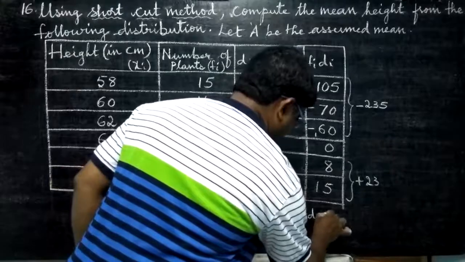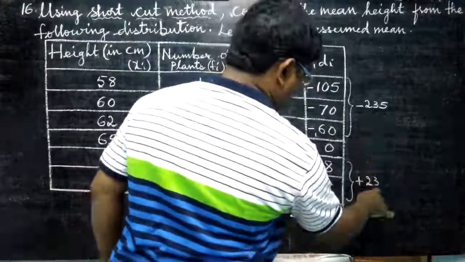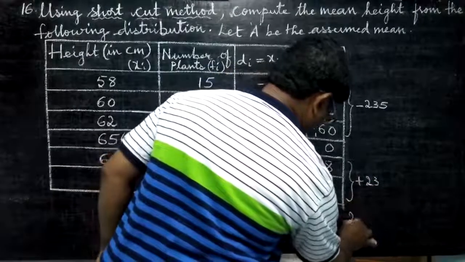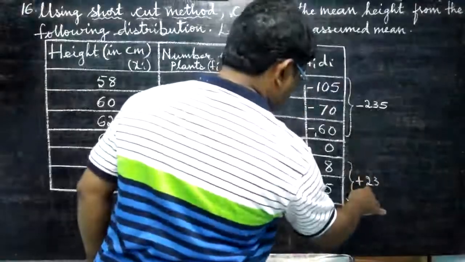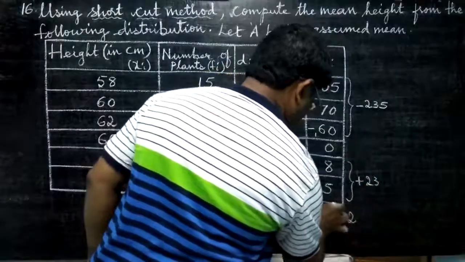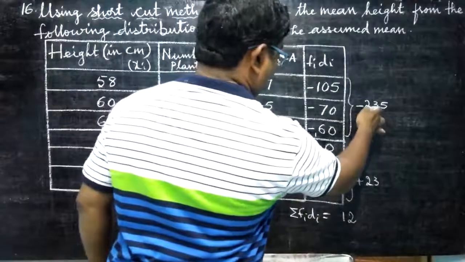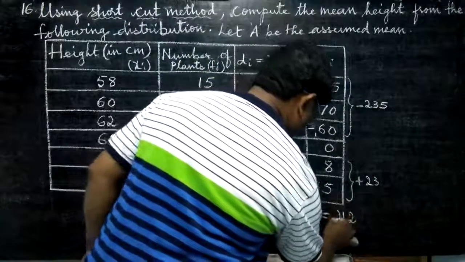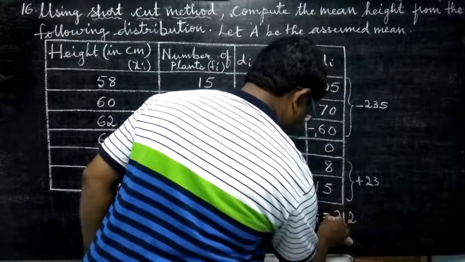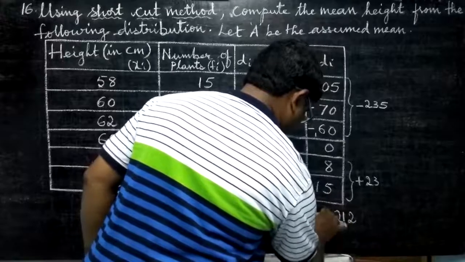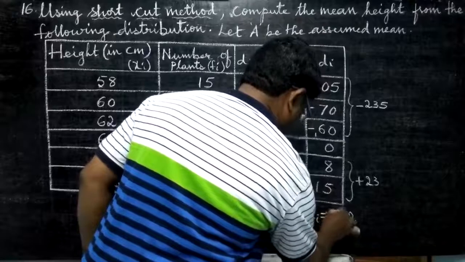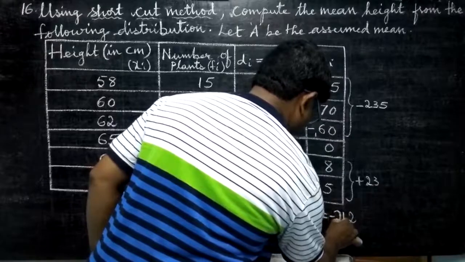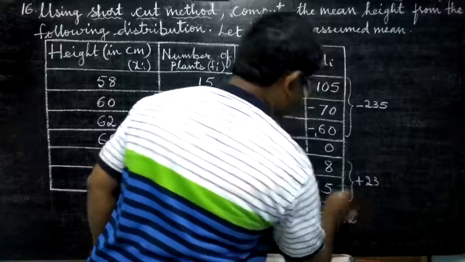Simplify and write 5 minus 3 is 2. 3 minus 2 is 1. And here 2 is there, 2. And negative is more, keep minus. Minus 212 you got.